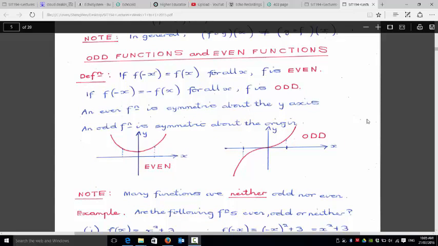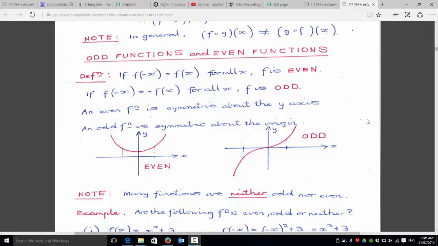Then we have odd functions and even functions. Composite functions are very simple, and then we come to odd functions and even functions. Given a function f(x), if f(-x) is equal to f(x) for all x, then f(x) is even.